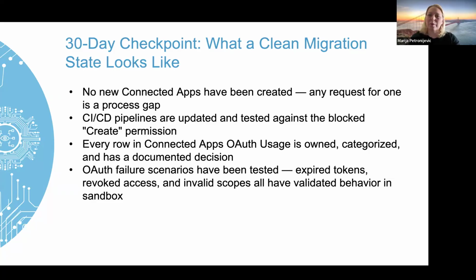Is there something we haven't configured properly so that the app cannot connect? Or maybe it connected once and then failed the next time. So make sure you check multiple times for every app you migrate, and make sure it works correctly, so you don't have silent failures with connectivity once you've migrated. So that's 30 days, at least for the ones that you mark as migrate.